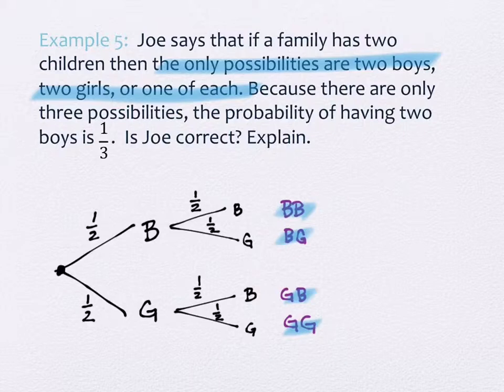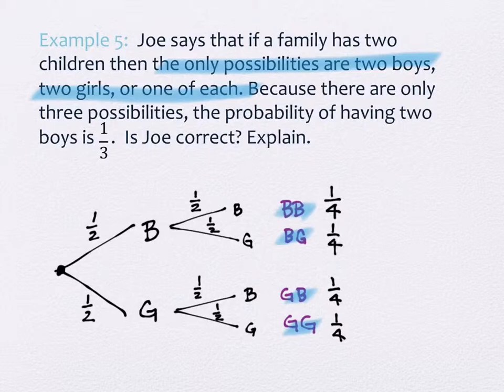So each of these branches, when I multiply along them, gives me 1/4 probability. Everybody with me? 1/2 times 1/2 is 1/4. So I have a 1/4 probability of having 2 boys and a 1/4 probability of having 2 girls. But I have 1/4 plus 1/4, or 1/2, probability of having 1 of each, because I could have had boy-girl, or I could have had girl-boy.